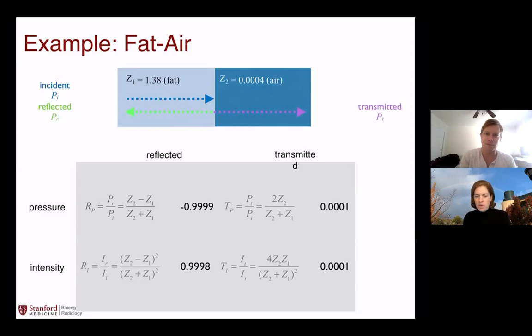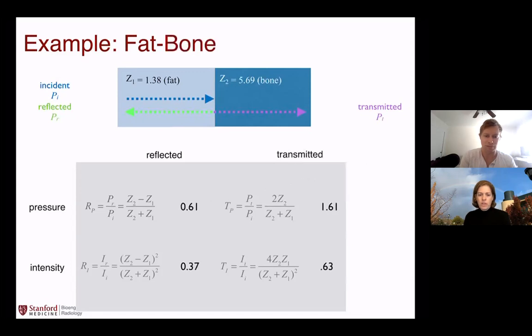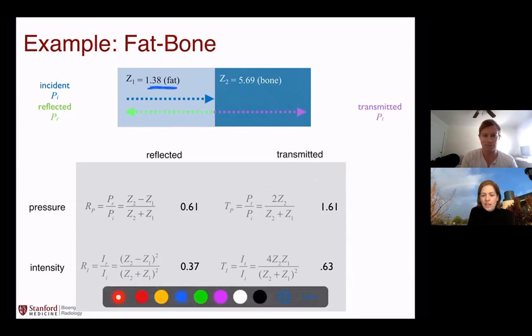Okay, so let's talk about another example, and that is a fat bone interface. So let's say you put the transducer on the skull on the side. It's going to go through the skin, and then there's the subcutaneous fat, and then there's the bone. So this is actually a bit more relevant now. And what we see is our acoustic impedances for fat and for bone.